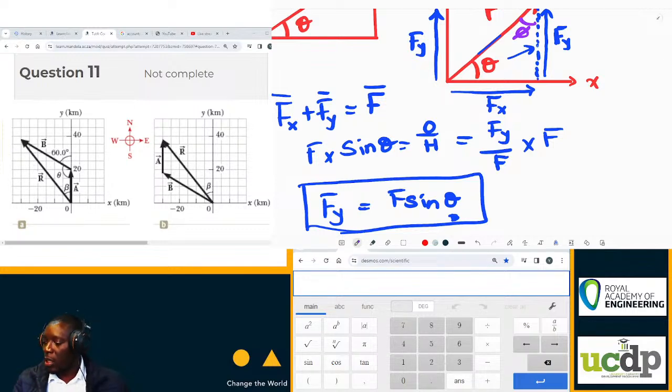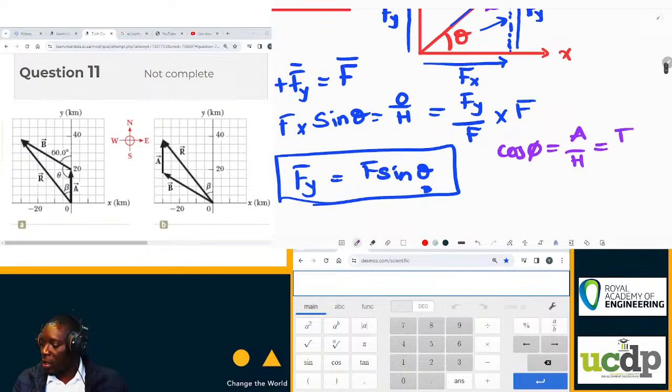So to get Fy, we use the adjacent, which is cos phi. So cos phi equals adjacent over hypotenuse. But the adjacent is Fy, and the hypotenuse is F. So you can see that sine theta is equal to cos phi in this case. So that means F cos phi equals Fy.